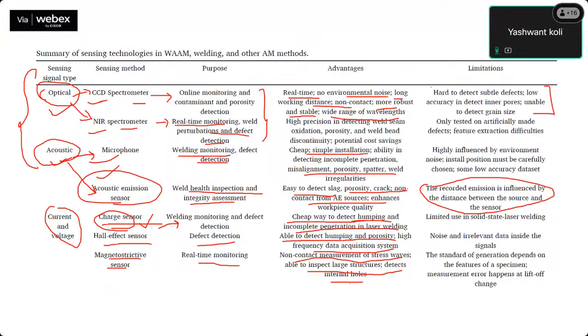Whoever wants to integrate these sensors into traditional machines can check the advantages, and which defects can be detected by a specific sensor, and integrate accordingly.